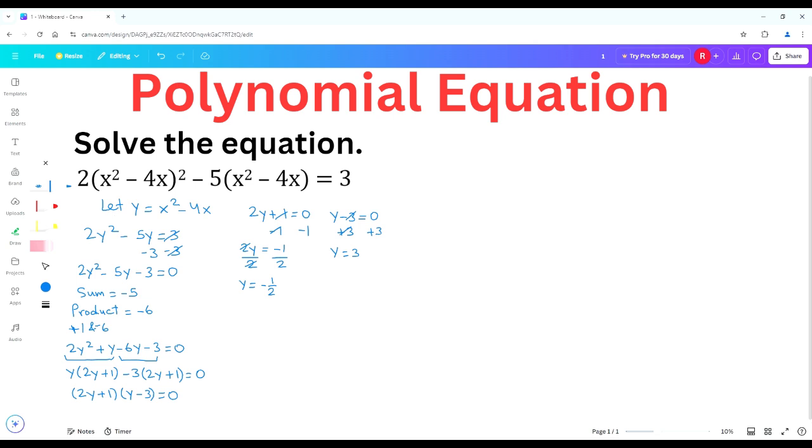We know that y is equal to x squared minus 4x. So let's analyze the first y value, negative half. We can get rid of the 2 in the denominator on the right side by multiplying all terms by 2. The 2's on the right side get cancelled out.